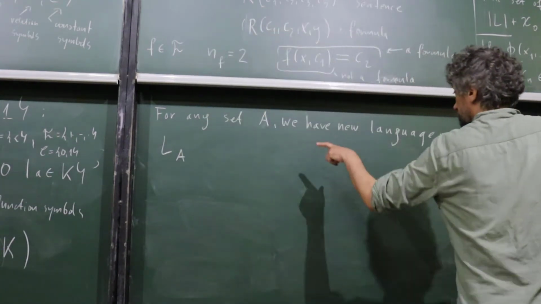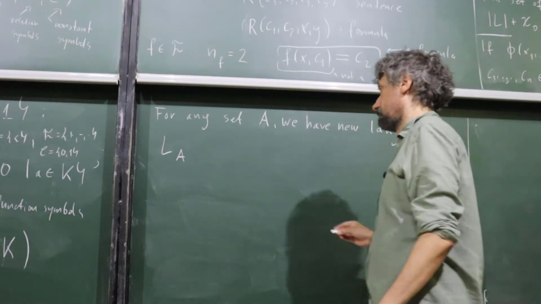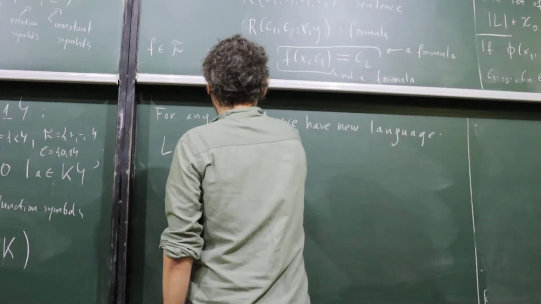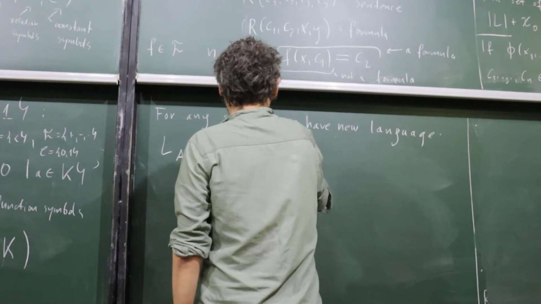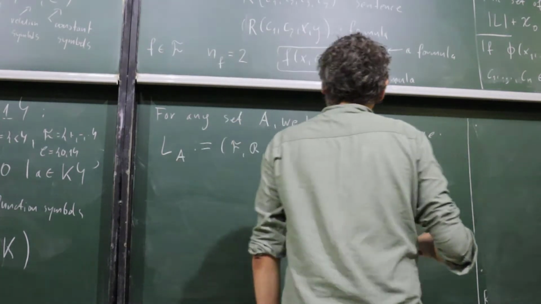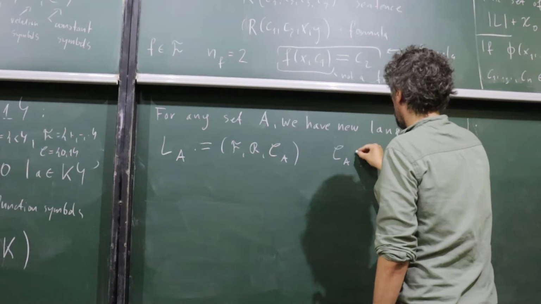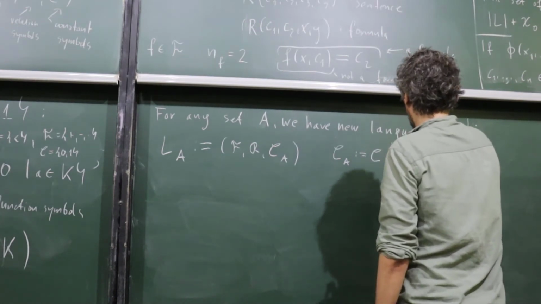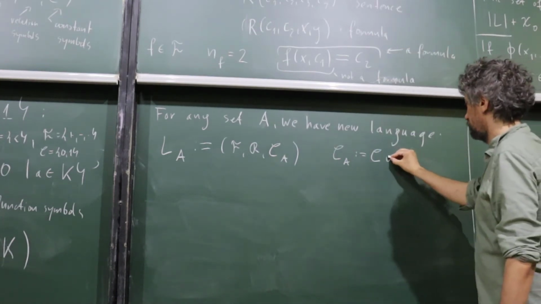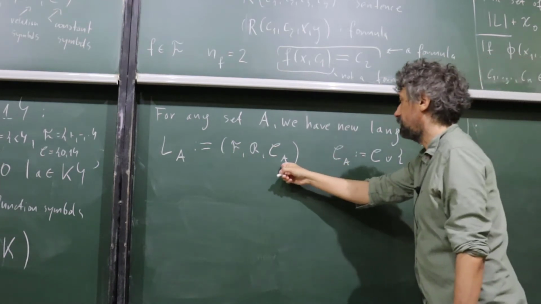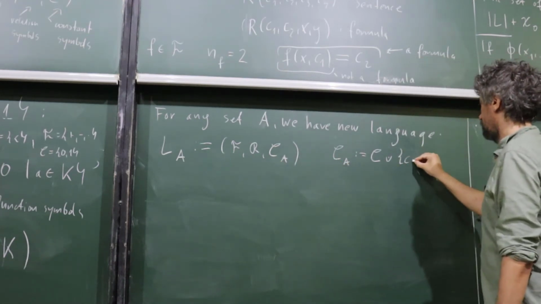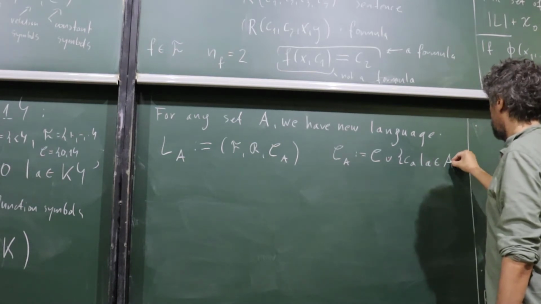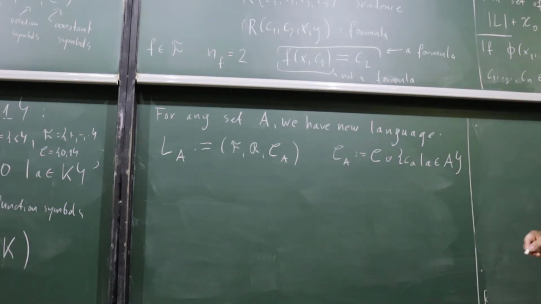So we add new constants from this set, which is L with constants c_a, let's say disjoint, and new constants coming from this A. This will be used if we want to talk about something which needs extra parameters.